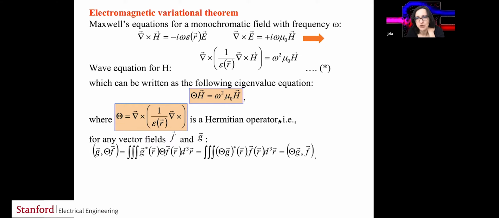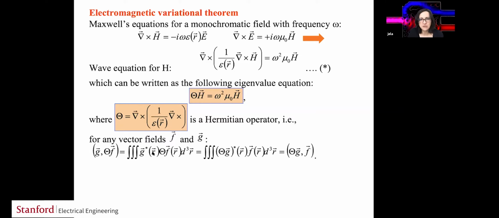So what does Hermitian operator mean? Hermitian operator means that for any two, in this case, vector fields, because it's an operator that acts on a vector field, let's label them as f and g. If you construct the inner product between g and theta f, that would be the same as when the operator jumps to the first function of the inner product, theta g, f, right? So that's the definition of the Hermitian operator.